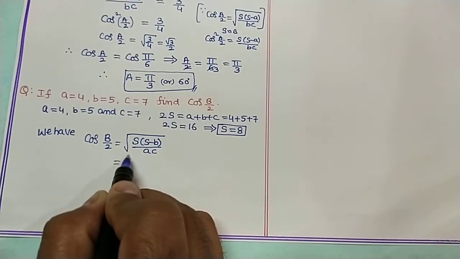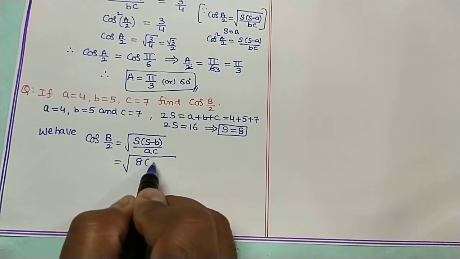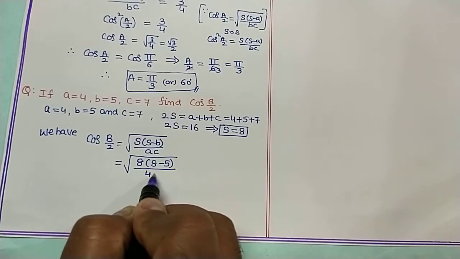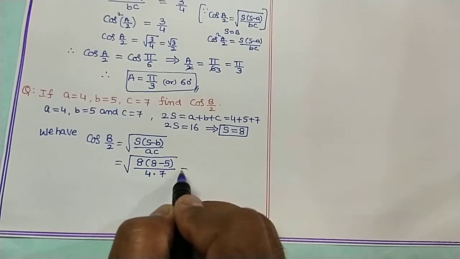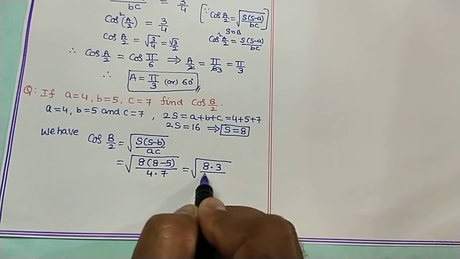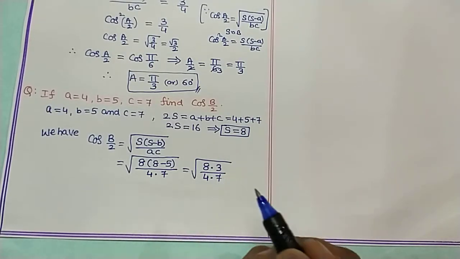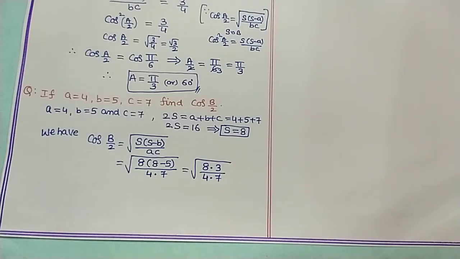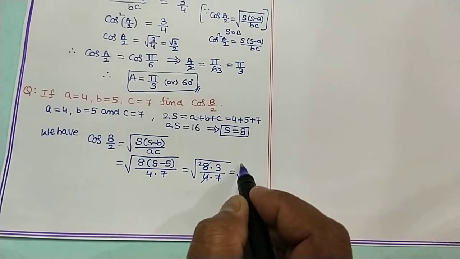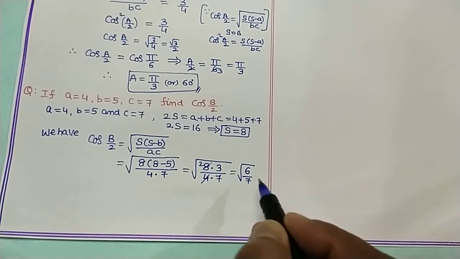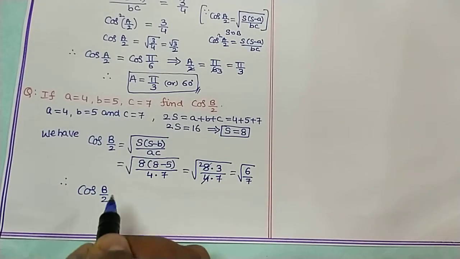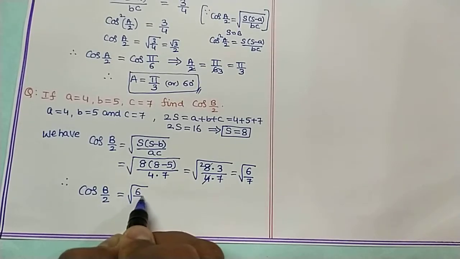Now substitute the values: square root of 8 into 8 minus B value 5, divided by A value 4 into C value 7, which is equal to square root of 8 into 3 divided by 4 into 7. Now what we have to do? 4 ones are 4, 4 twos are 8... which is equal to square root of 3 twos are 6 divided by 7. Therefore, conclusion step: cos B by 2 equal to root 6 by 7.